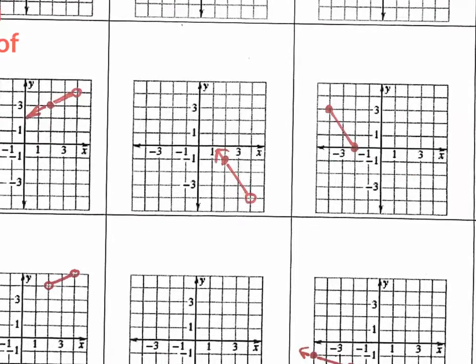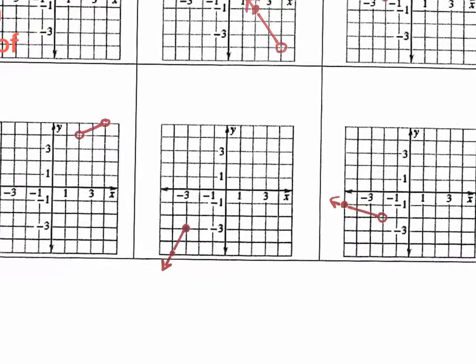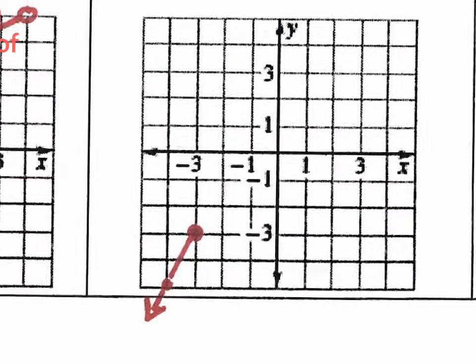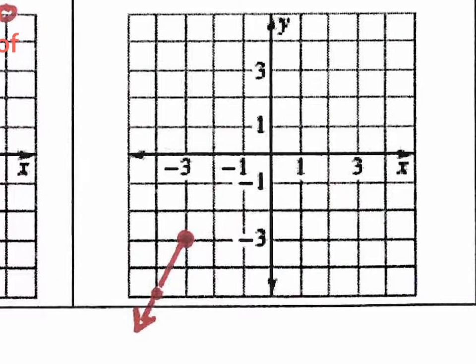How about that one looks interesting. How about that guy? What's my slope right there? Up 2 over 1, so you could just say m equals 2. Now, what's the b value? That one's tricky because you can't see where it crosses.